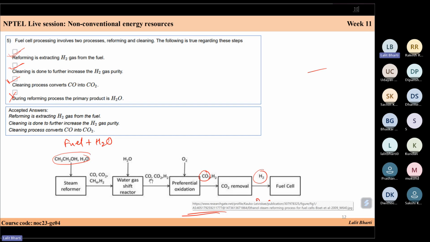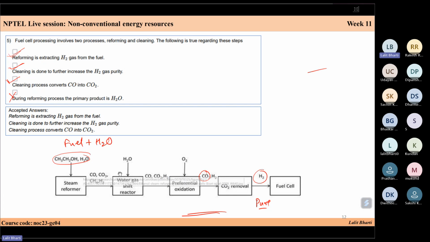Then we have CO2 and H2. The CO2 will be removed with some mechanism, and we get H2 only. Now we can use this H2 as our fuel cell fuel. So this is the whole process from a typical fuel to the fuel cell, and how the H2 is transported from the fuel to the fuel cell.